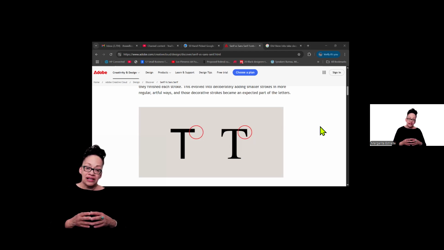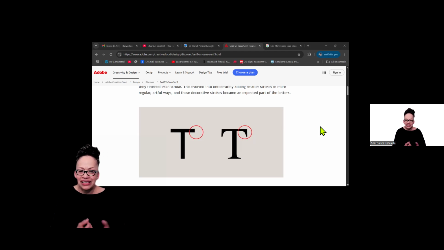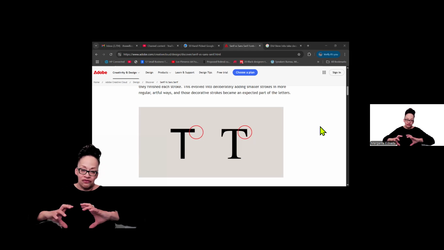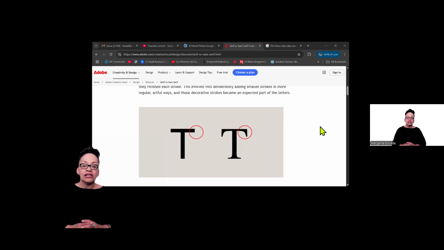Steve Jobs took a calligraphy course back in 1972, and little did he know that learning about fonts would then turn into the first group of designs for Apple computers, right?